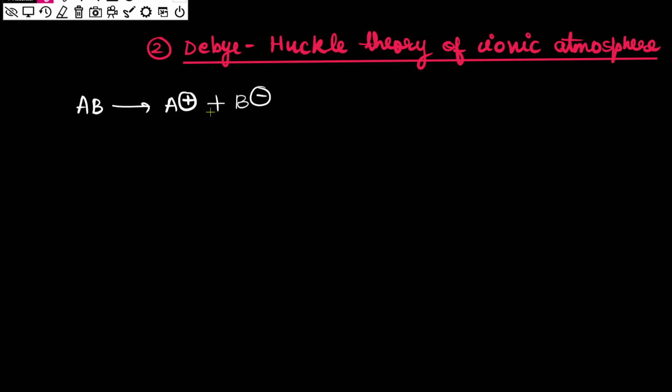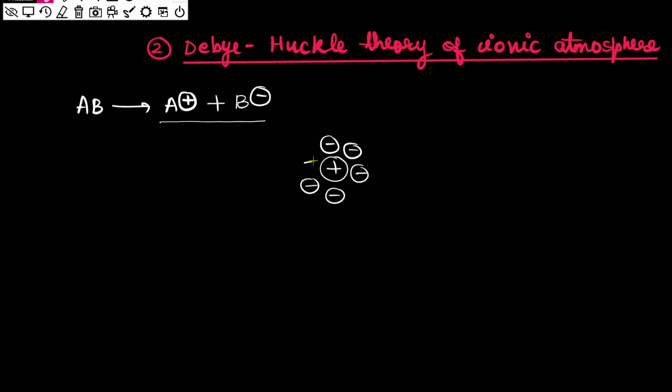In that condition, please understand this, they are always dissociated. So there is generally a central ion, and this central ion inside the solution, because now they are in the ionic form only, there is no electrolyte form, will actually be surrounded by oppositely charged ions.